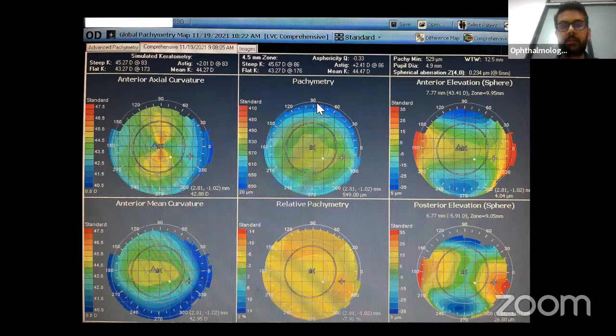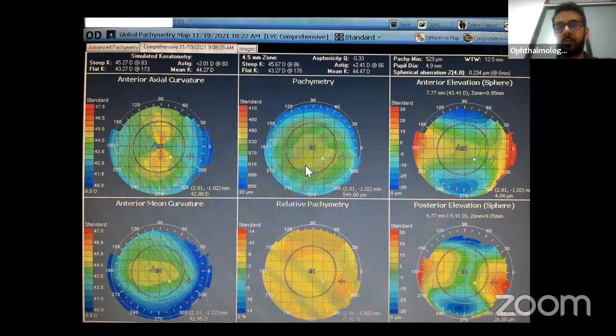Then coming to the pachymetry map, this outer circle is basically the pupil, and the center one is your 3 mm zone. The central 3 mm optical zone of the cornea has almost the same color scheme throughout, corresponding to about 530 microns, with pachy minimum being 529.